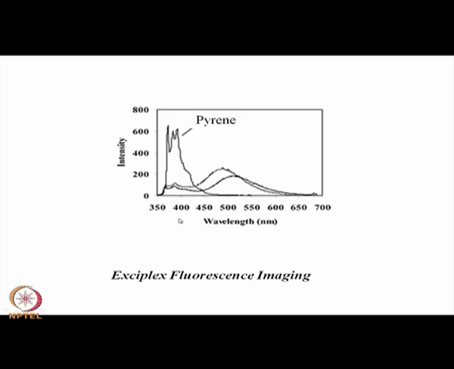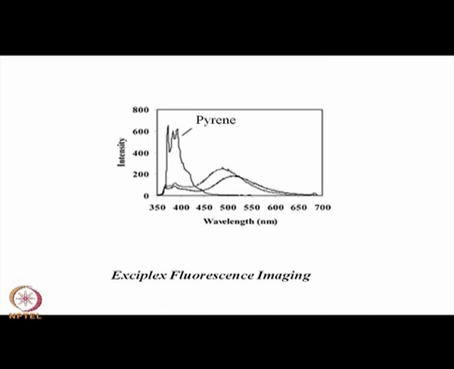You see the pyrene structured emission, and if you add something like dimethyl aniline or diethyl aniline, you will find this broad emission on the red side. This is also broad, but with an increase of polarity it is shifted towards the right, maybe with a little diminution in the intensity of emission.